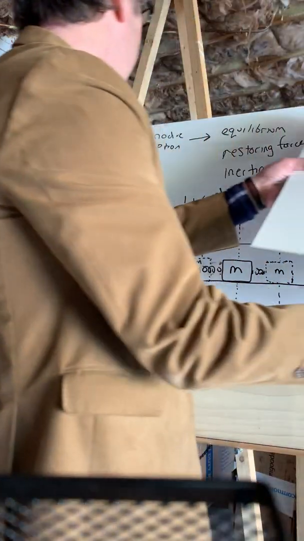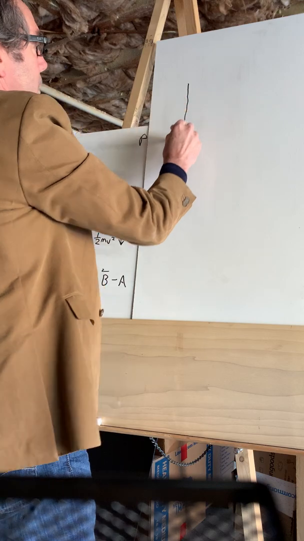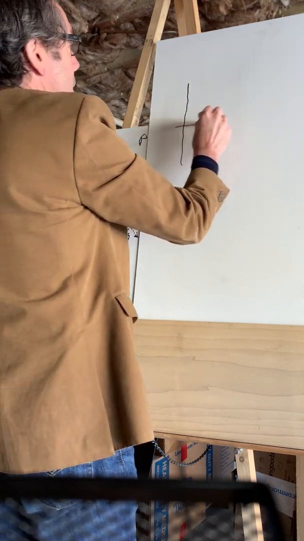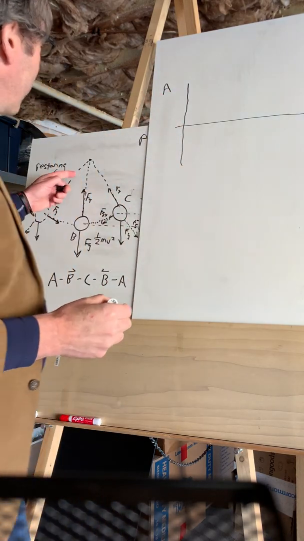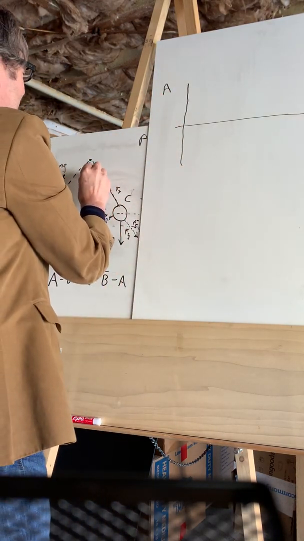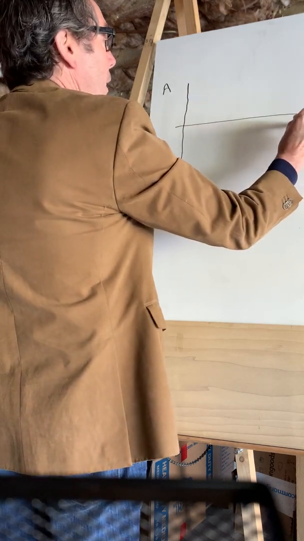Now, let's take a look at how that works graphically. Right, if we have a graph of amplitude, and in the case of a pendulum, amplitude is the angle of the swing versus time.